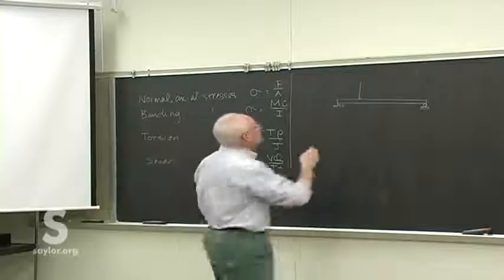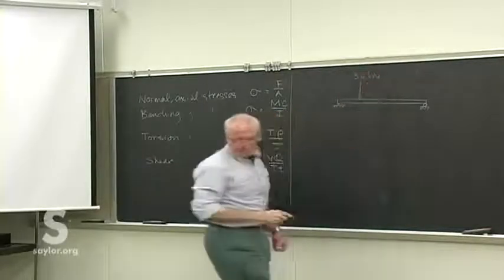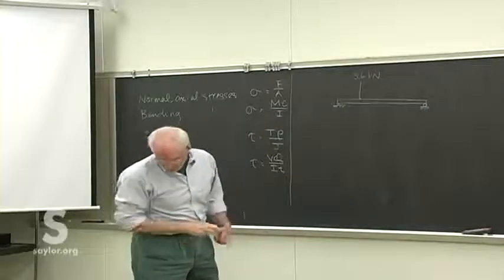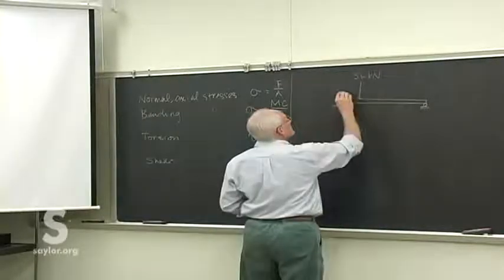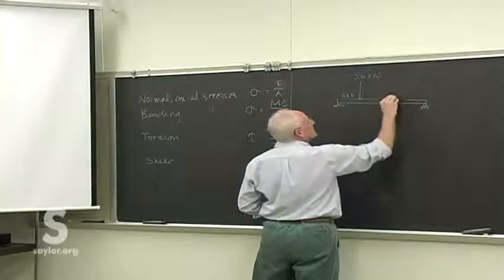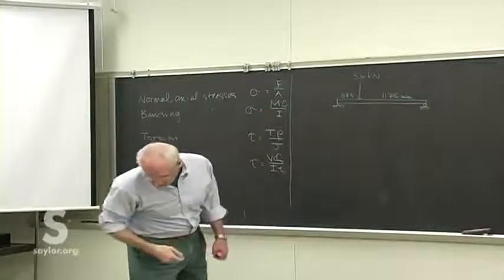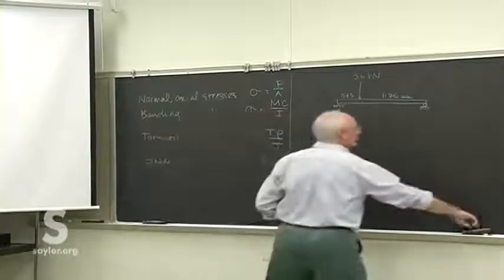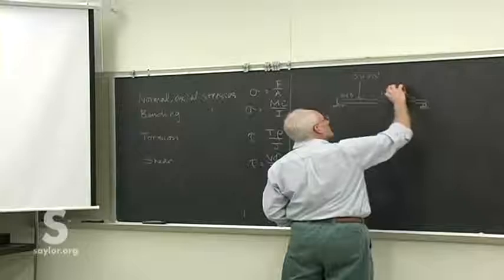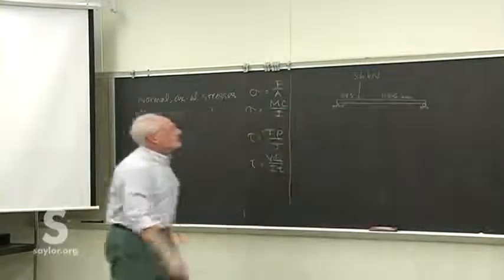So we'll put 3.6 kilonewtons there, and that'll be it. This will be 375 millimeters. We'll put 1125 millimeters over there. Nothing new there.